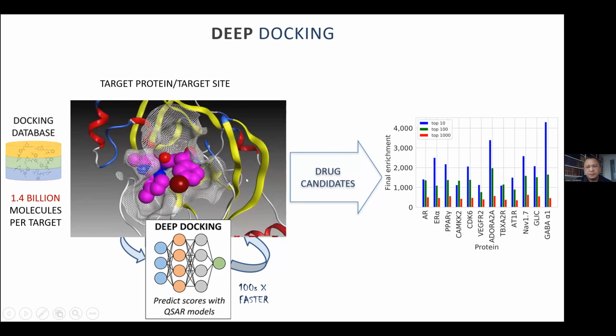But this is a good trade, 10% for a 100-fold speedup. And then we ran this approach on a family of the most conventional drug targets from the literature. You can see that the enrichment of a database for different targets was reaching up to 4,000-fold. So basically the process becomes up to 4,000 times more efficient.